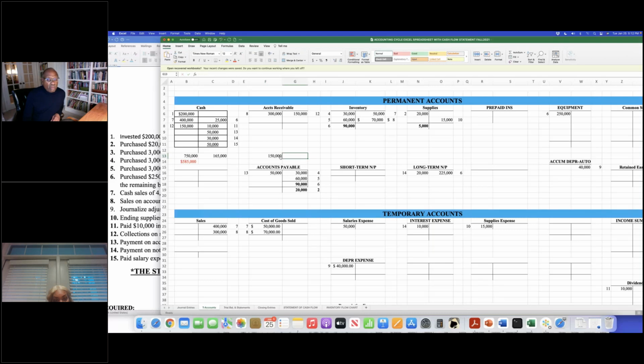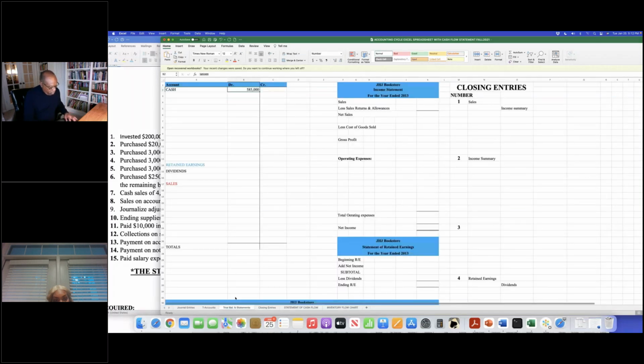Then I'm going to go to the trial balance and now put the account receivable in here. I'm going to put that in for 150.